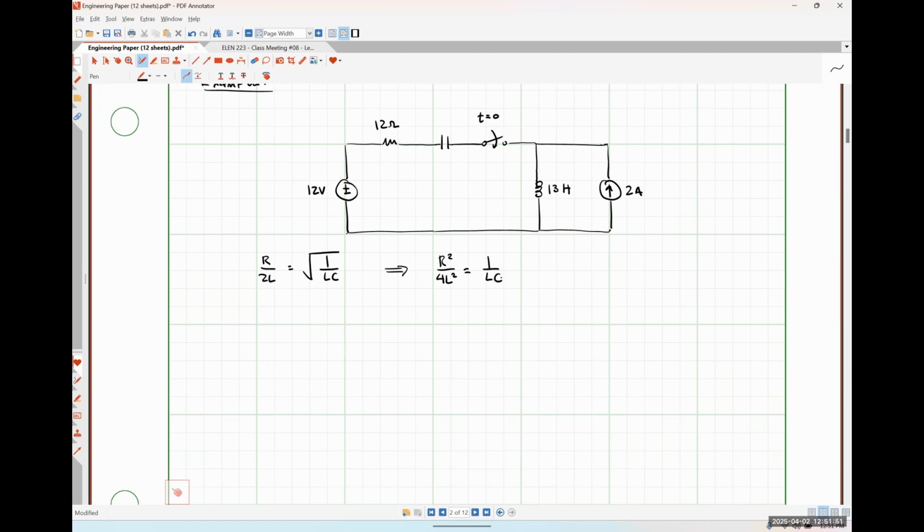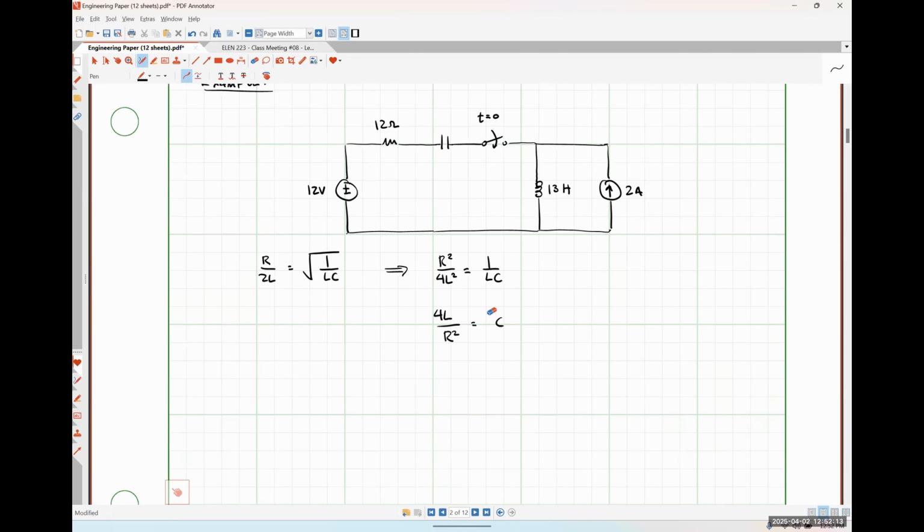I can flip that upside down, so 4L squared over R squared is equal to L times C. I could divide both sides through by a factor of L, and the capacitor value has to be 4L over R squared in order for this system to be critically damped.